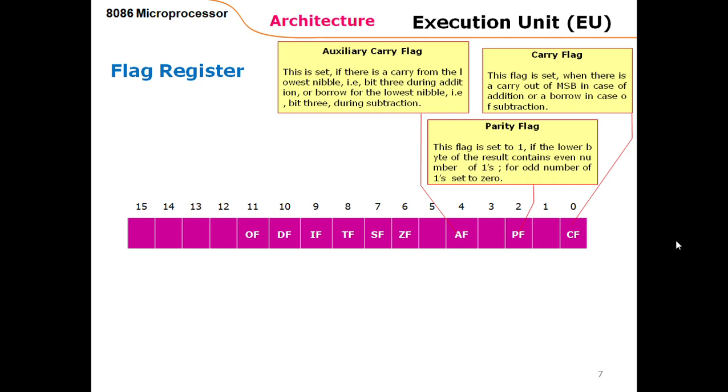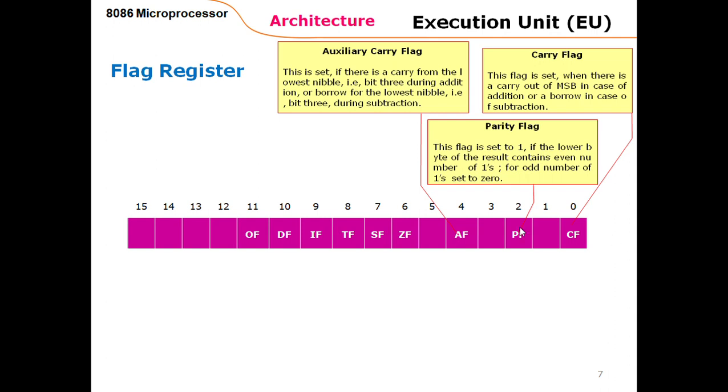And for subtraction, if a carry was taken from the next higher nibble for the lowest nibble, then the auxiliary flag is set, and that is actually the borrow during subtraction.